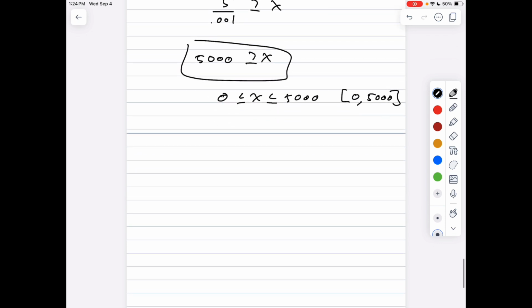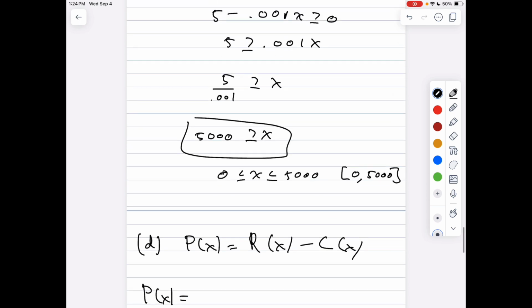And last, for this video, I'm going to ask to find the profit. Profit is actually quite simple if you know the revenue and the cost. Profit is equal to revenue minus cost. It's basically the amount of money you have left after you sold your items and take the cost into consideration.